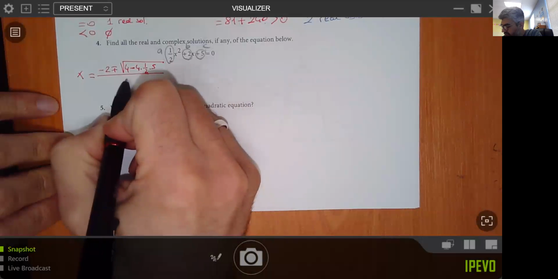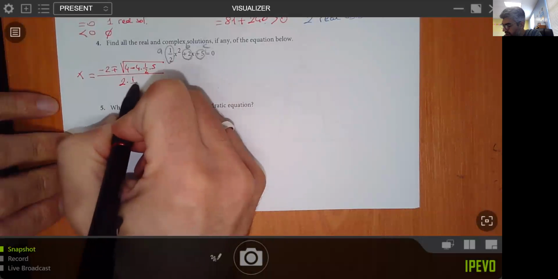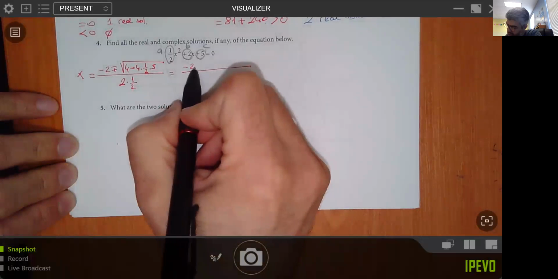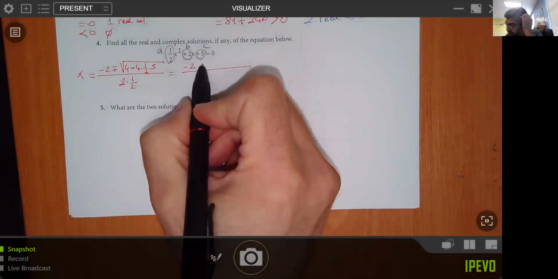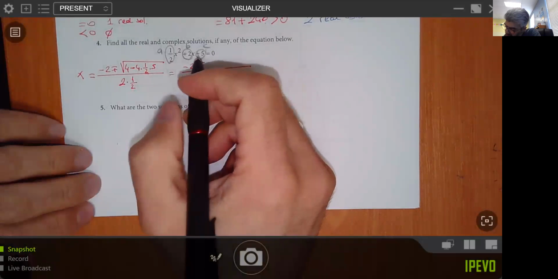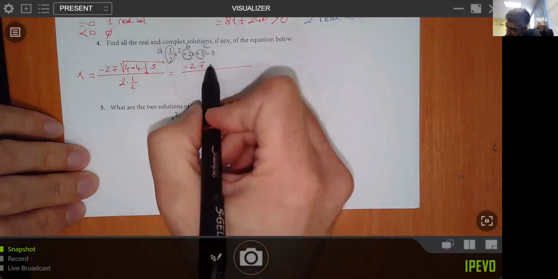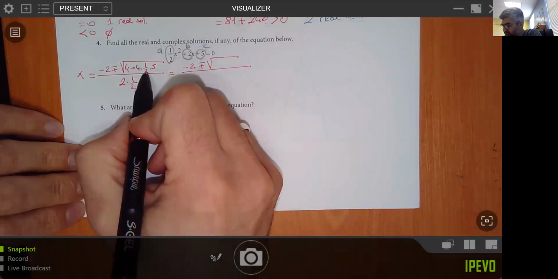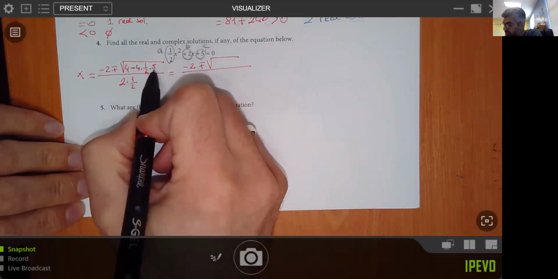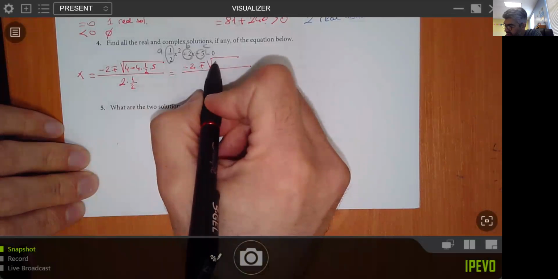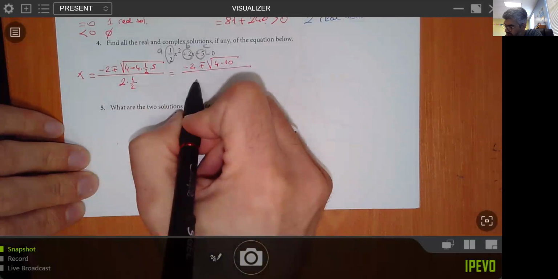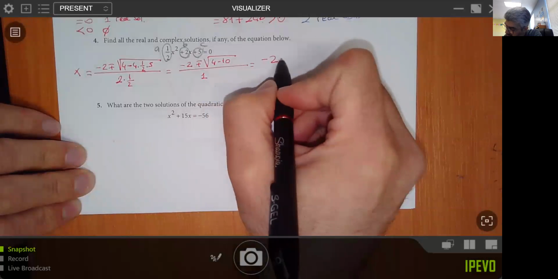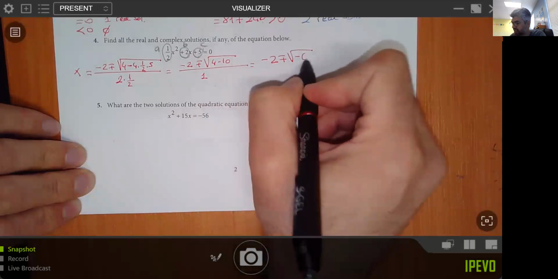Over 2a, so 2 times 1/2. What do we have then here? Minus 2 plus or minus square root of 4 minus 4 times half is 2, 2 times 5, so 4 minus 10, over 1. So we have negative 2 plus or minus square root of negative 6.